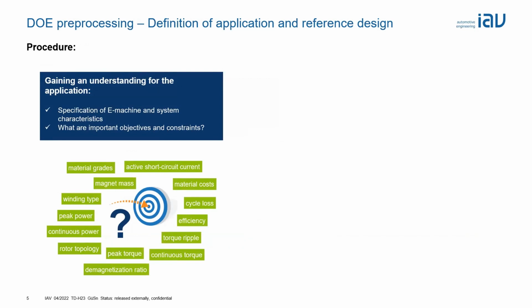We usually discuss important objectives and constraints with the customer in advance. These discussions include, for instance, the peak performance, the continuous performance, costs, magnet mass, winding types, cycle loss, and so on. So we have a huge variety of different parameters we need to look at.